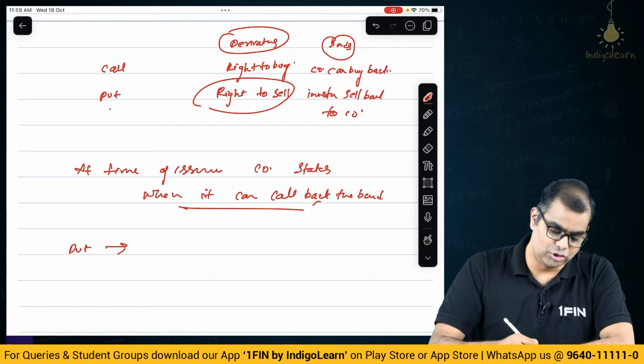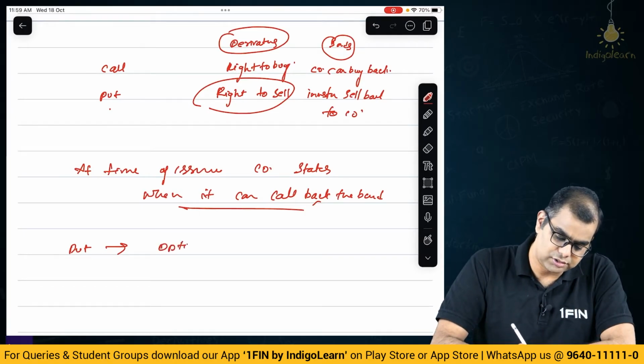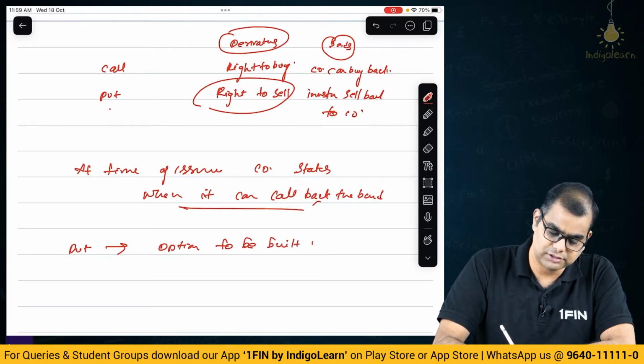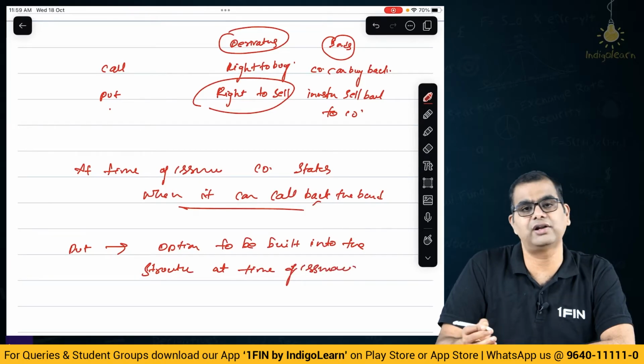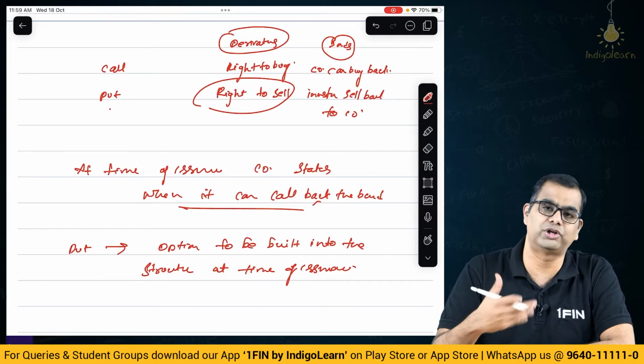But this option also has to be built into the structure at the time of issuance. So, this cannot be random, anybody cannot say, today I am calling a bond, today I am putting a bond and all that.